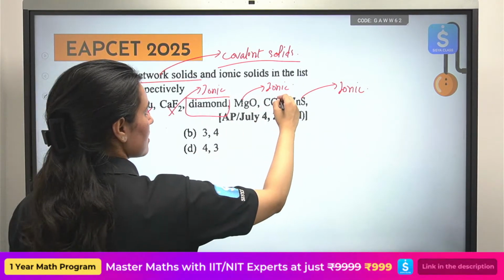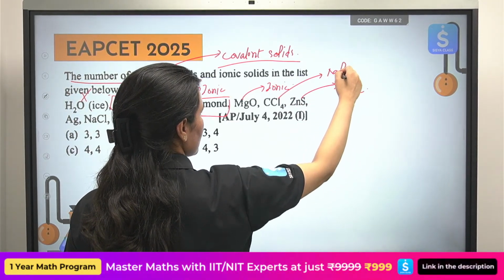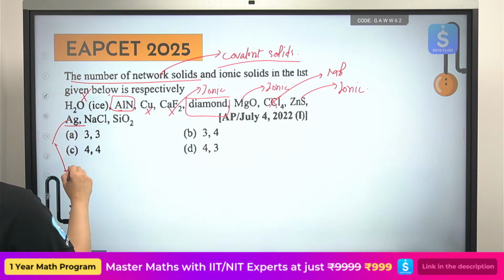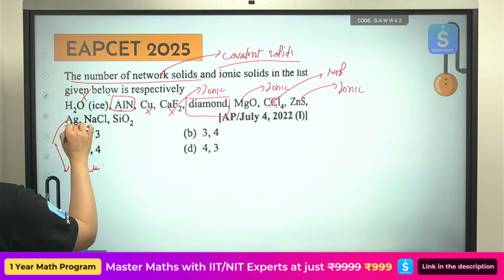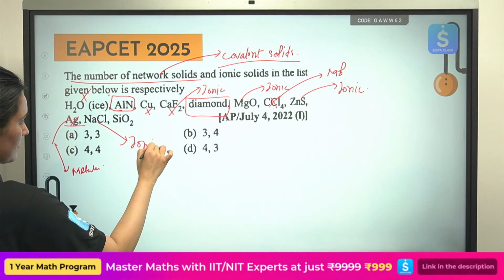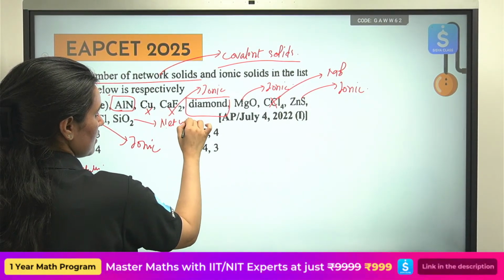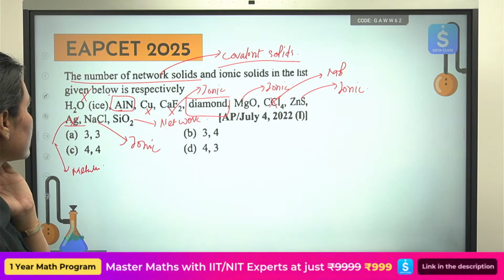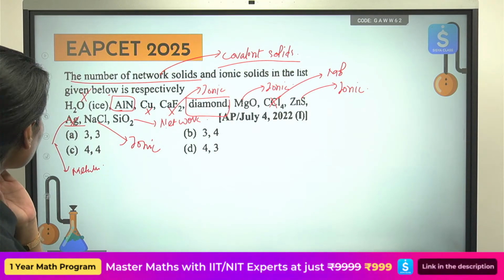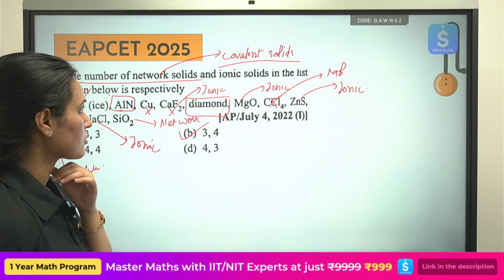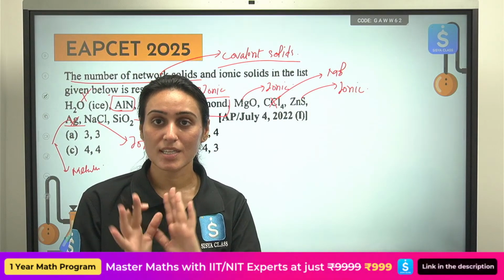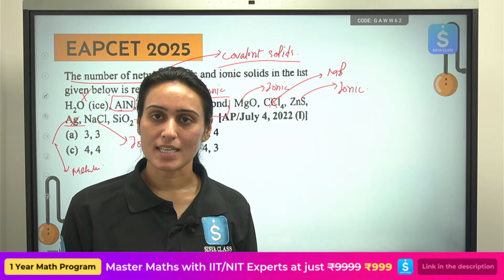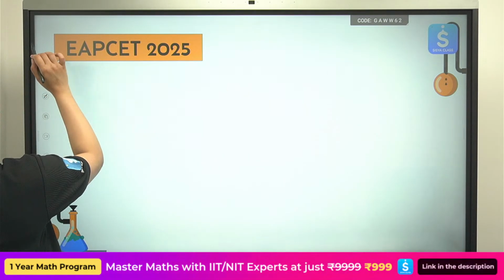This is molecular, not needed, leave it. Silver, metallic, not needed. Ionic, network. So I can see 4 ionic and 3 covalent or network. So 3, 4 must be our answer. Option B. You just have to identify the type of solid based on intermolecular force of attraction. We have seen one table in the very beginning based on which we can answer this. Okay, see the next question.